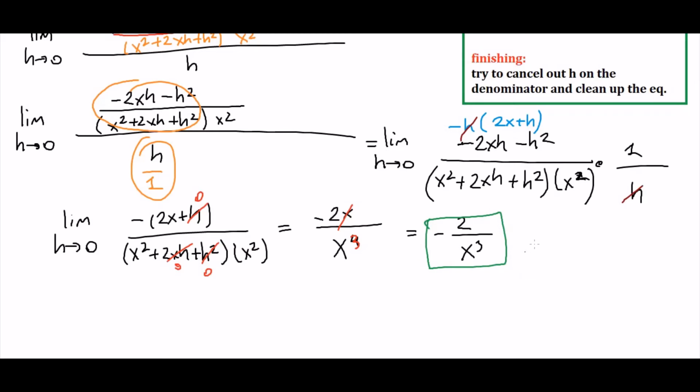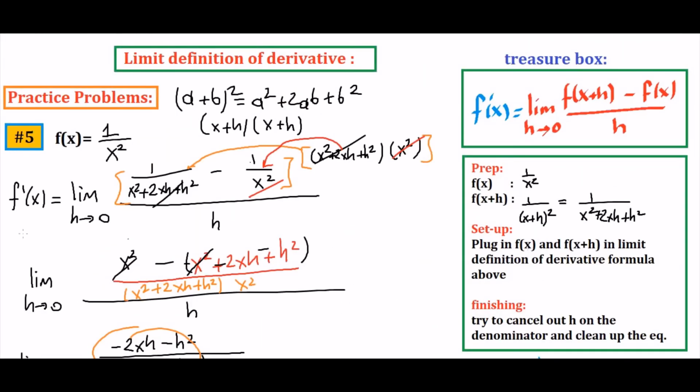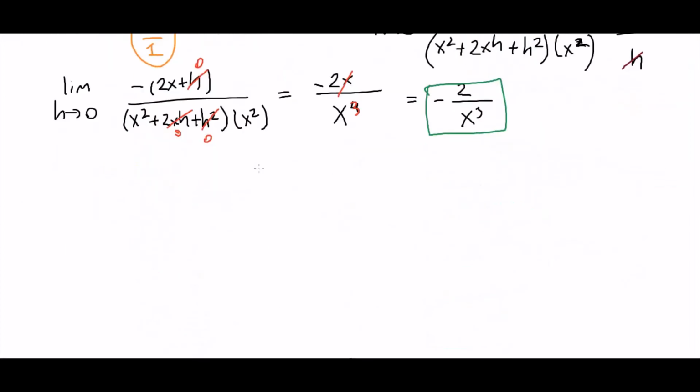So using the limit definition of derivative, we found the derivative of 1 over x squared as negative 2 over x cubed. Let's see, using our derivative knowledge, if it is true or not. So our function is 1 over x squared.